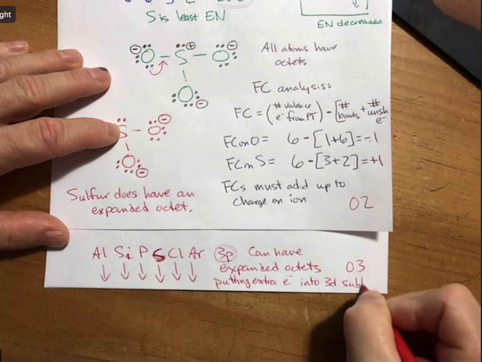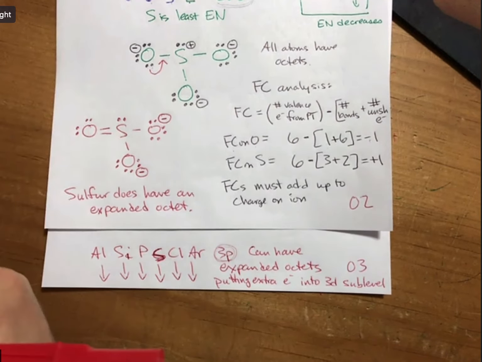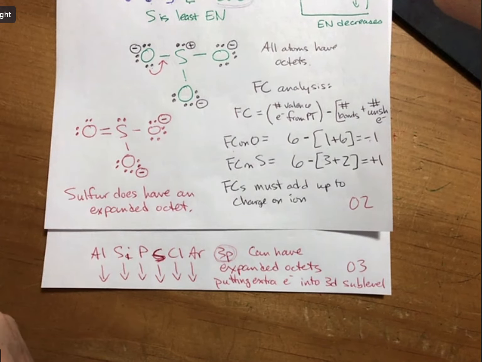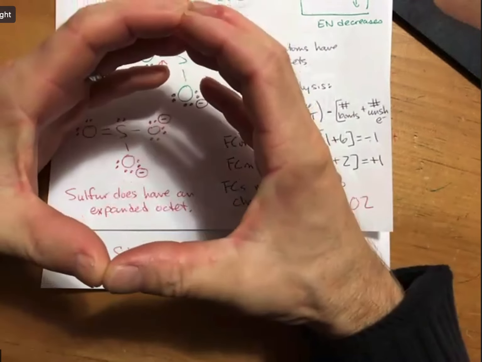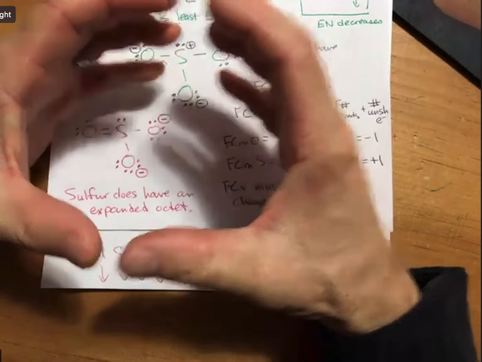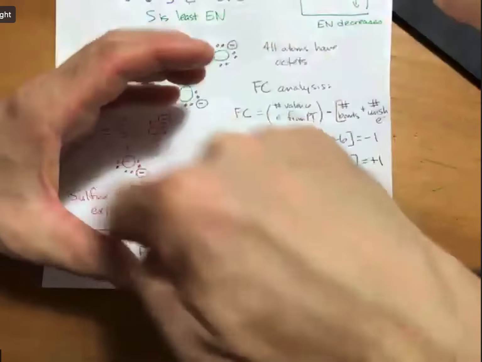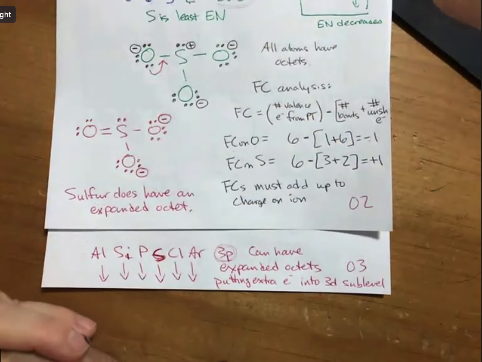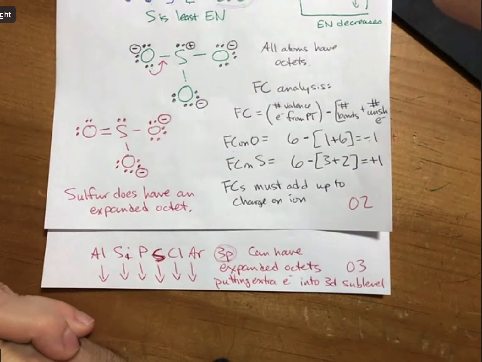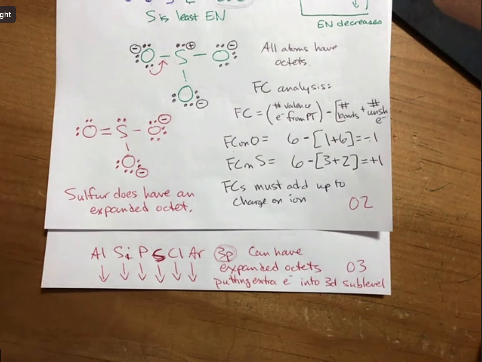Because one of the things we learned about the n equals 3 sublevel is that if you have the 3s, the 3p, and the 3d, they're all in the same volume of space. Anyway, we don't talk too much about how those electrons get into the 3d sublevel, but they can.